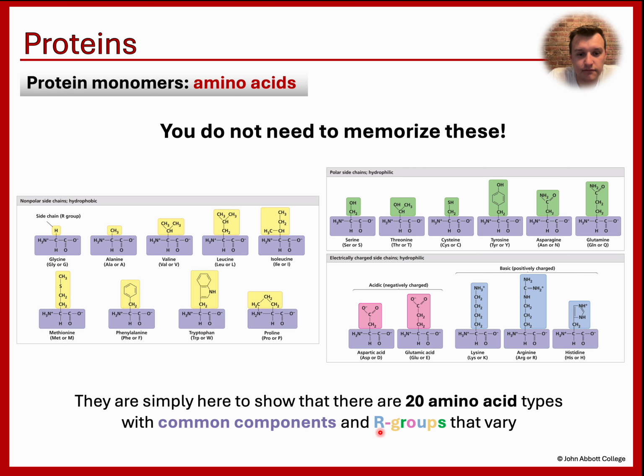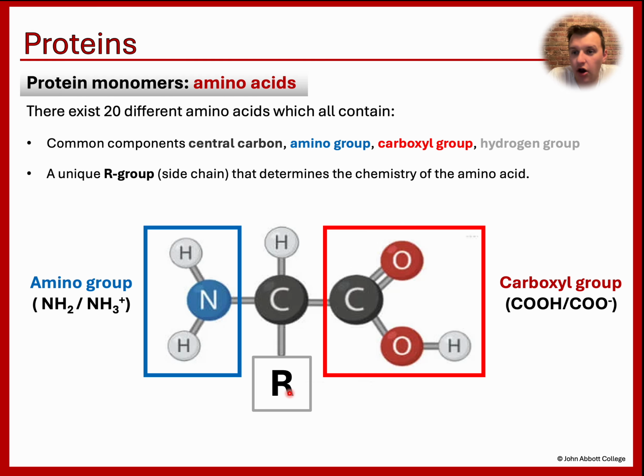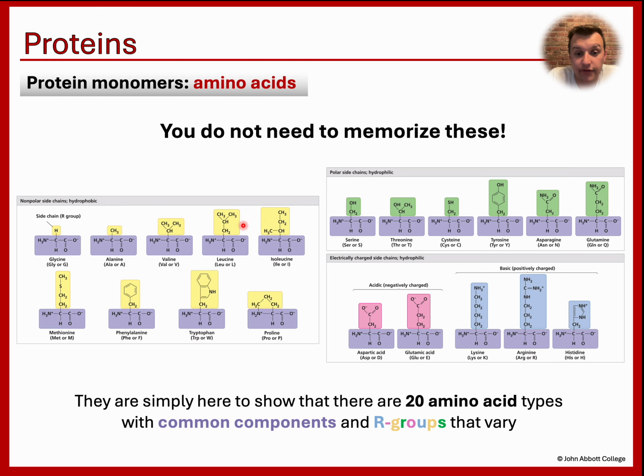Then you have many different side chains that are called R groups. Remember this R group here? It's not actually an R. It's all the colorful stuff, right? So this amino acid called glycine has a hydrogen as its R group. This amino acid called alanine has CH3, a methyl group, right?